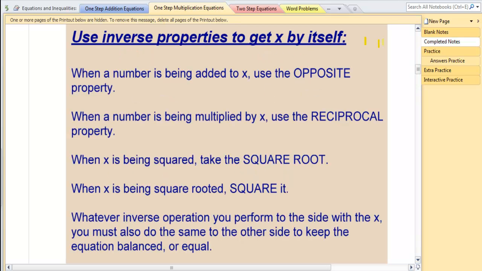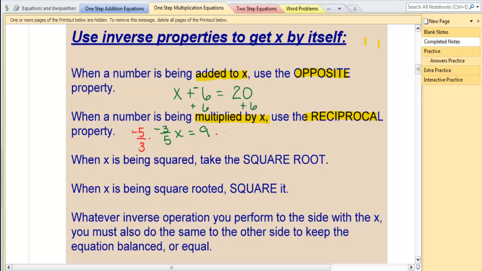So let's review. When a number is being added to x, you're going to use your opposite property. So in this example, we would add 6 to both sides. When a number is being multiplied by x, you use the reciprocal property. So in this example, we would multiply by the reciprocal of negative 3/5 on both sides.